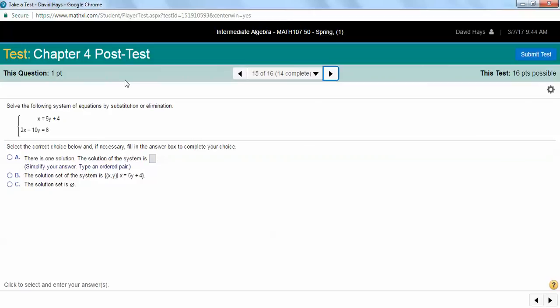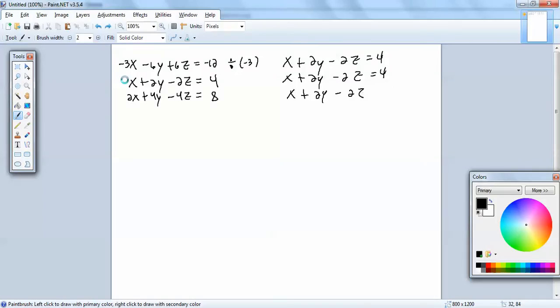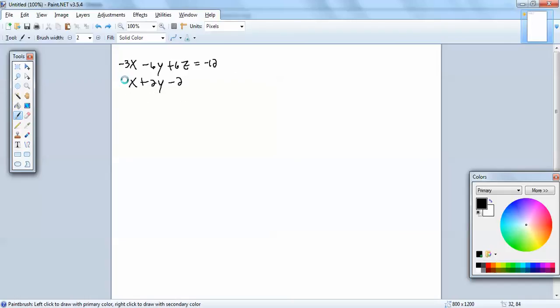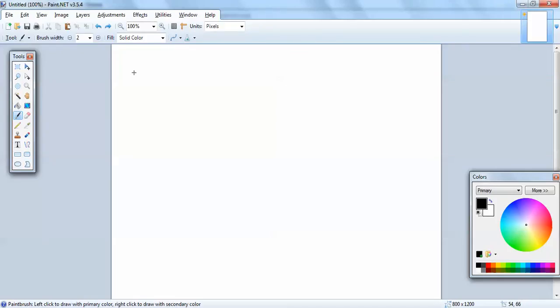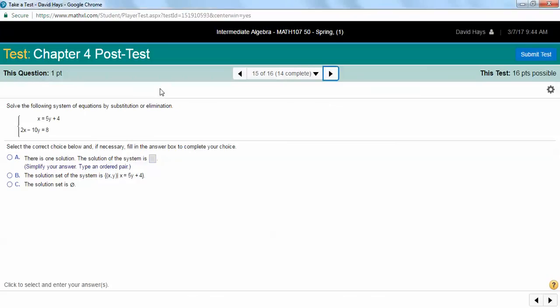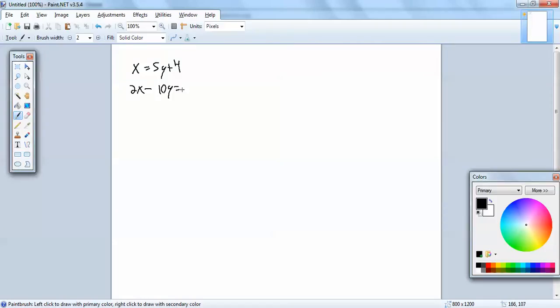Okay, let's take a look at this one. This is jumping out at me. That might be an oddball case too, but I don't know. Notice how the second equation is all divisible by 2. It's like, why would they do that? X is equal to 5y plus 4. And this is 2x minus 10y is equal to 8.